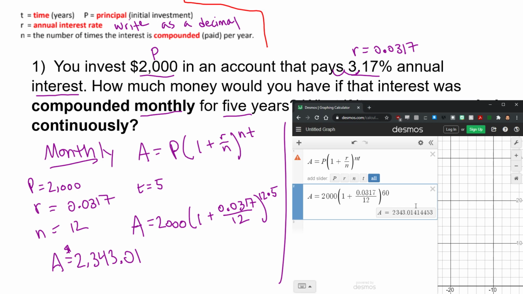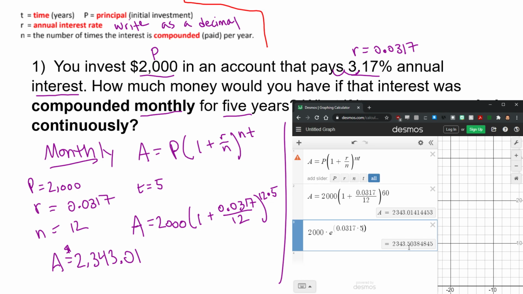Okay, so we'll do 2,000 times e to the 0.0317 times, come on, calculator, 5. And we got something very close.